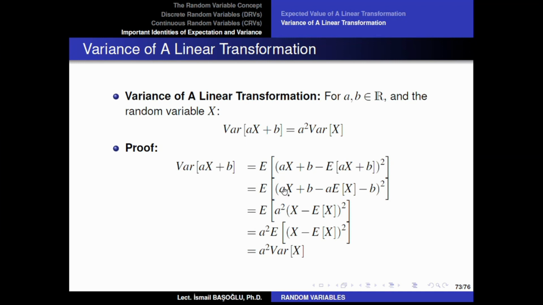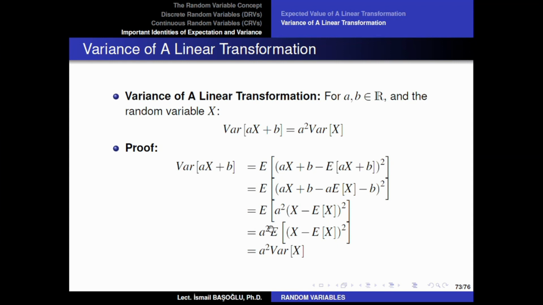However, we have ax minus a times the expectation of x. a is a common multiplier here when b is cancelled out, and we can take this a out of the parentheses. However, remember, there's a square term here. Therefore, a can get out of the parentheses as a common multiplier, and we need to square it as a squared. And because a squared is a constant, again, it can get out of the expectation without changing it, just like here, as a goes outside the expectation without a change, a squared gets out of the expectation without any change.